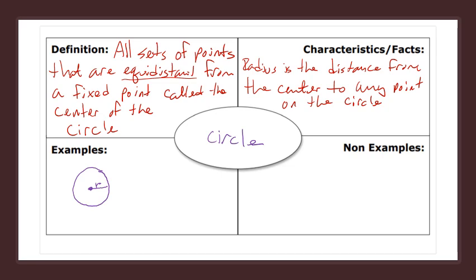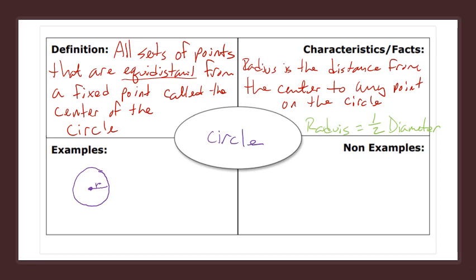Another characteristic or fact is that the radius equals 1/2 the length of the diameter.